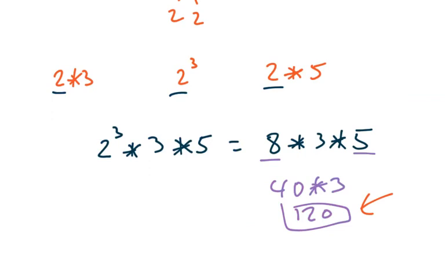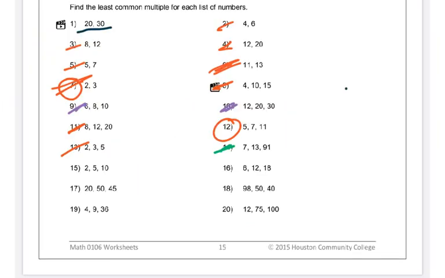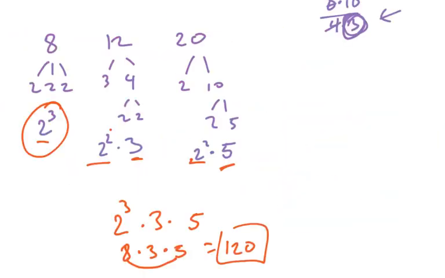Let's look at 17: 20, 50, and 45. Here, I'm going to jump straight into prime factorization.